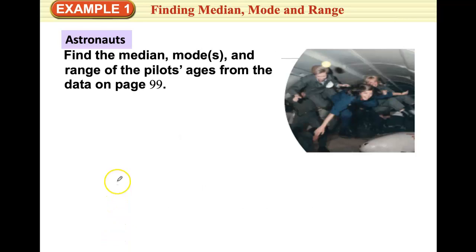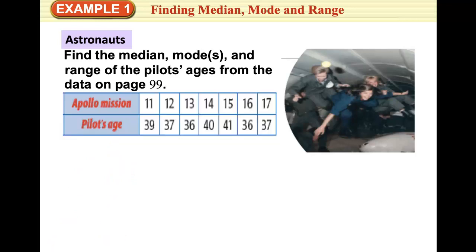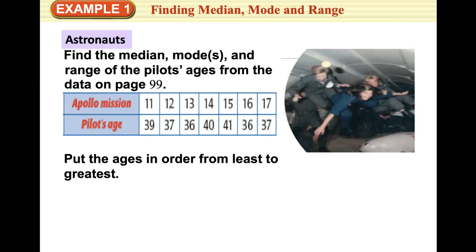Okay, let's talk about median, mode, and range. So if we have a set of data, and I think we've had this set of data in the mean lesson, the Apollo mission pilots' ages. If you're ever doing median, mode, or range, you have to put the numbers in order from least to greatest.